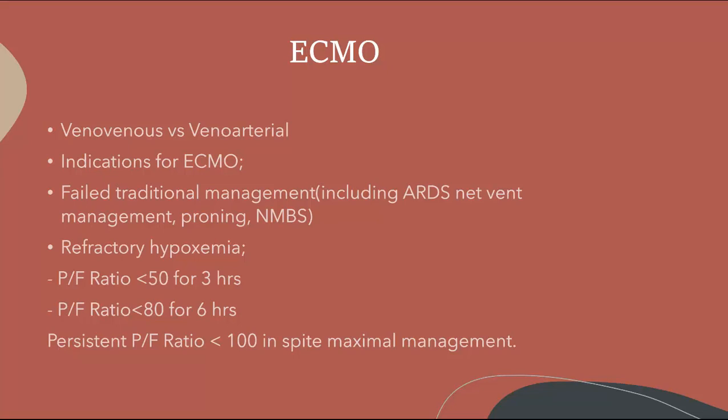Indications are if patients fail traditional management, including ARDSNet ventilator management, proning, and neuromuscular agents, and refractory hypoxemia: a ratio less than 50 for 3 hours, or less than 80 for 6 hours, or persistent hypoxemia less than 100 despite maximum management.